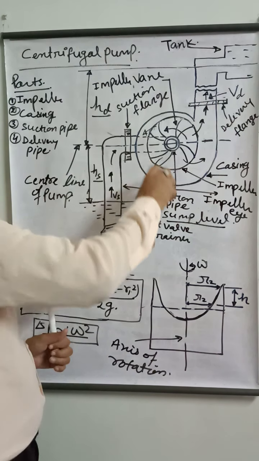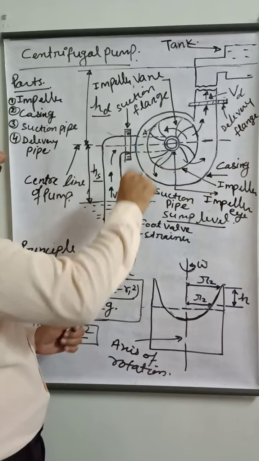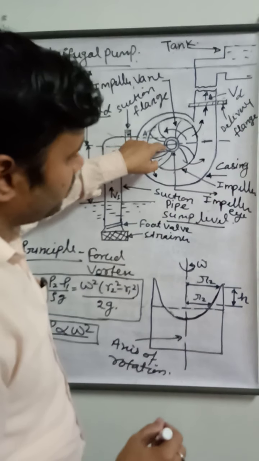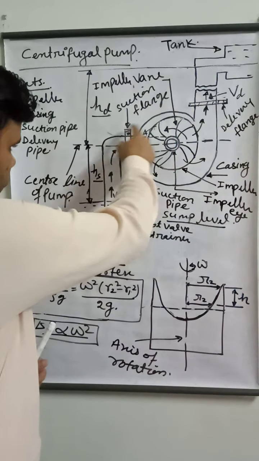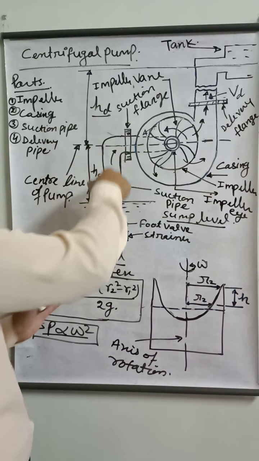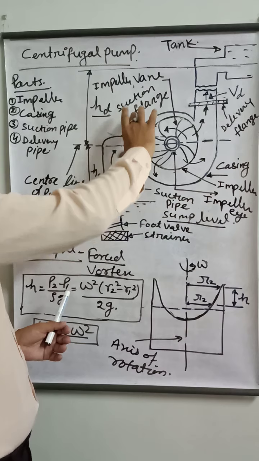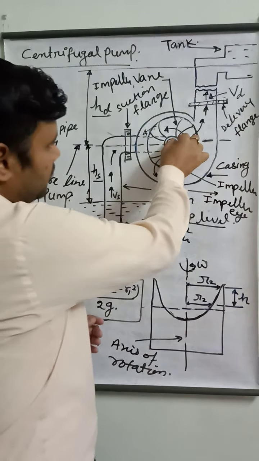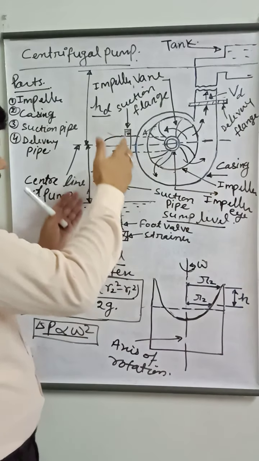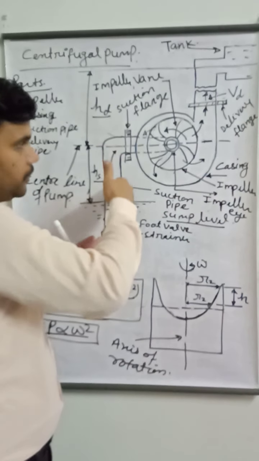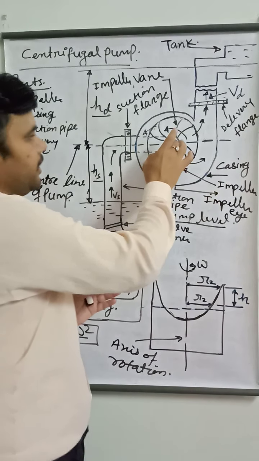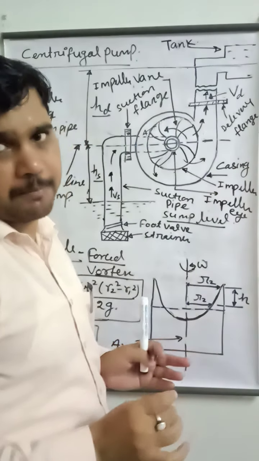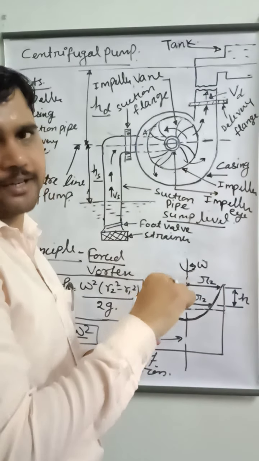So how does it work now? When this is rotated, a suction is created at the eye of the impeller, where the suction pipe is connected with the help of the suction flange. When suction is created, the liquid will be sucked from the sump into the suction pipe and enter at the eye of the impeller in the radial direction.